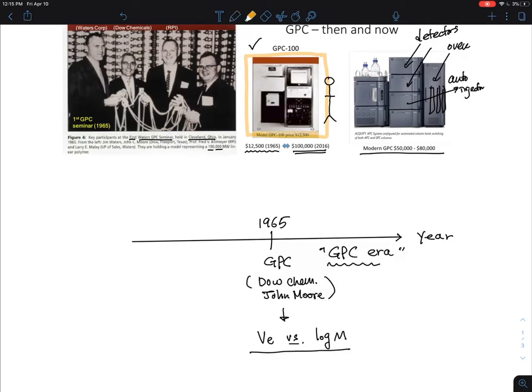It actually got popular in the 70s and 80s, when the GPC was in many labs.